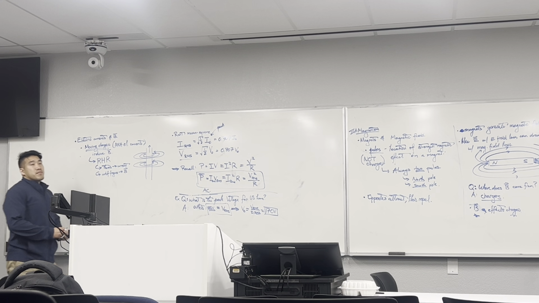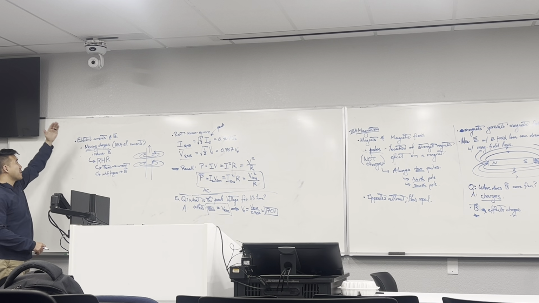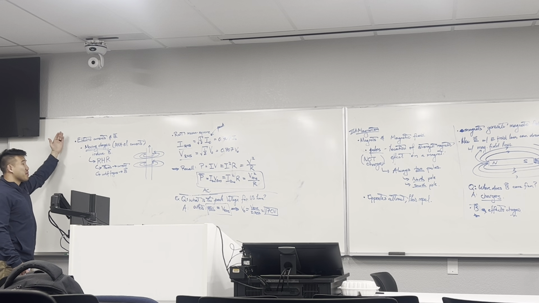So one of the weird relationships between electricity and magnetism is that moving charges generate a magnetic field, stationary charges do not. All right, why? Okay, you can ask God that when we get there, but that's how things work.